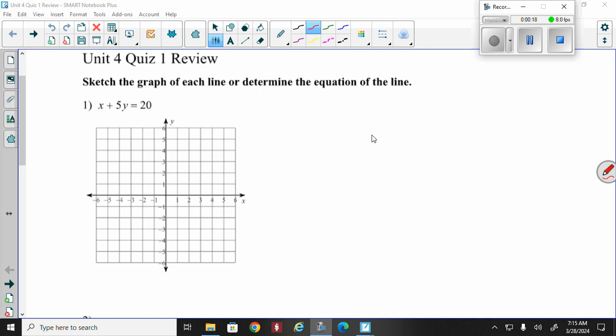All right, first one here, we are trying to graph this equation. Obviously, it's not in y equals mx plus b format, so that's what I would do. I'm going to put the equation into something that looks like y is equal to mx plus b. That's one way to do it, and that's the way I'm going to do it.